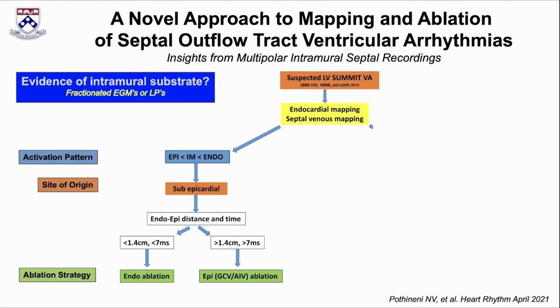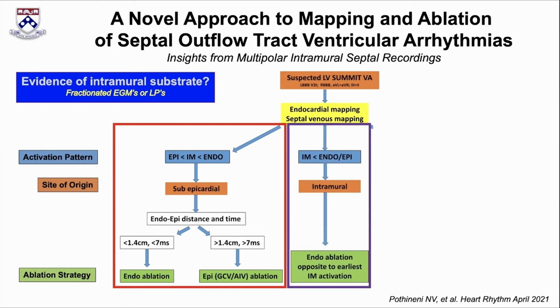So you basically have epi by putting a catheter in the AIV, you have intramural and you have endo. With activation mapping from epi early to endo, that means that you're very early in the epicardium and you have a true subepicardial space. In these cases, you are looking at an epicardial mapping and ablation, and depending on the distance, you could try to target from the endocardium, but it usually means your site of origin is subepicardial.